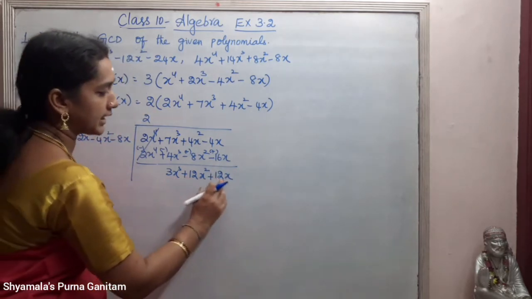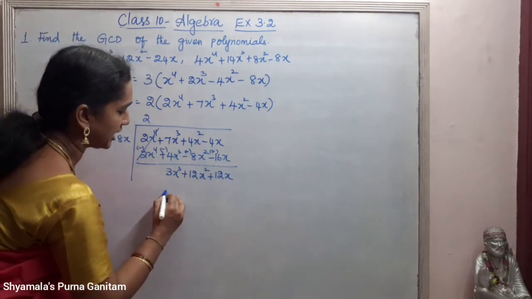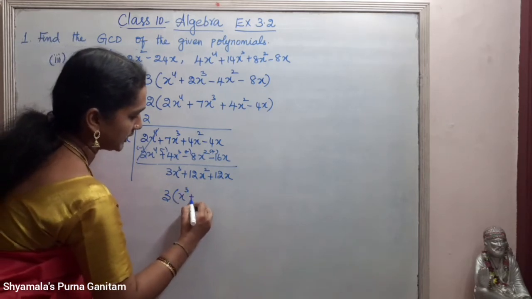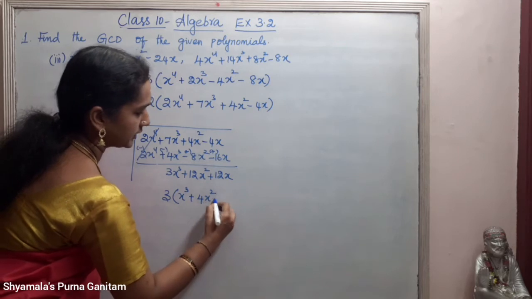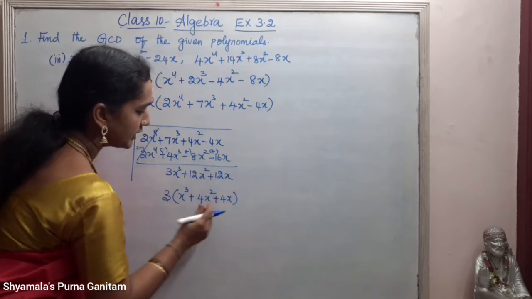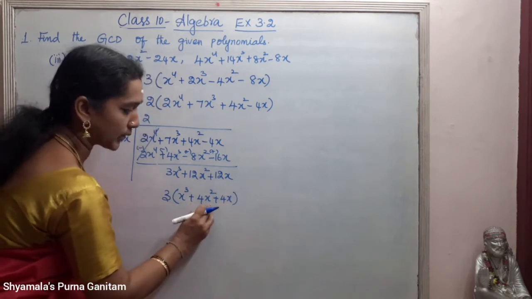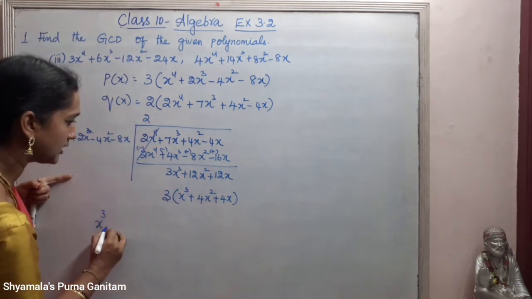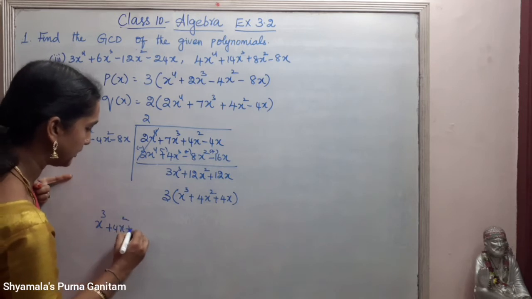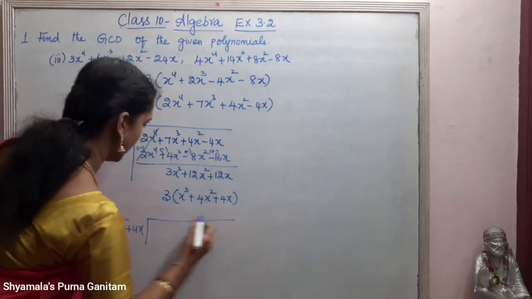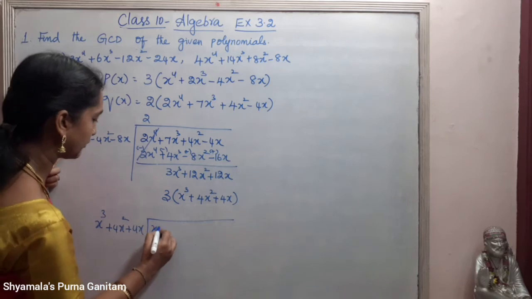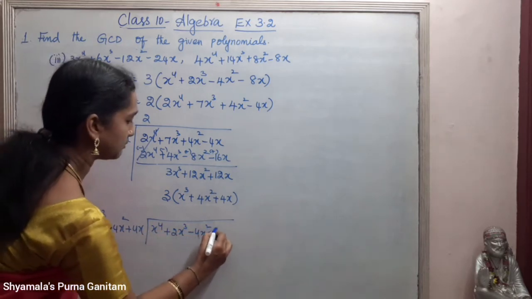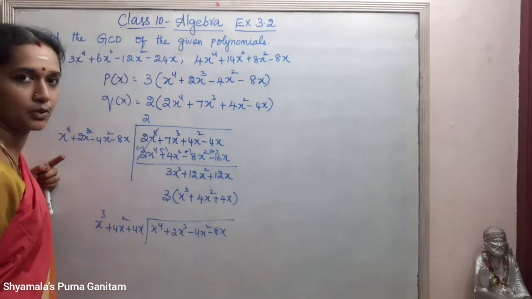So in all these three terms, again we are having 3 as the common term. So 3 times x cube plus 4x squared plus 4x. So we will take this term x cube plus 4x squared plus 4x and divide it by this. We are going to divide x power 4 plus 2x cube minus 4x squared minus 8x by this x cube term.